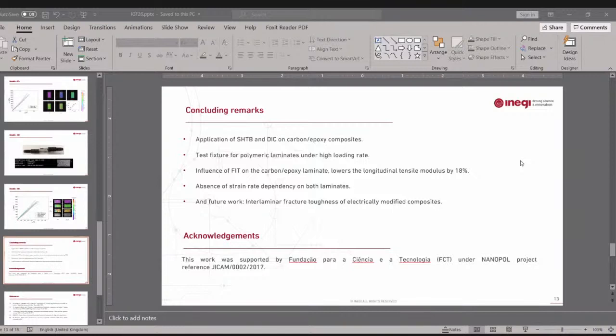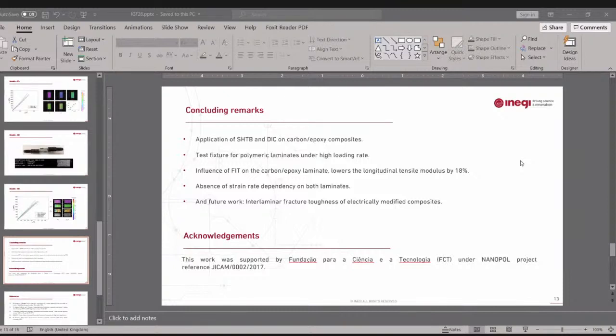Sure. Basically, the first goal is to develop the electrically conductive composite, and eventually, because the applications are in the aeronautic industry, they need to have certain standards, so they need to withstand impact damage. So any solution that should be incorporated into the primary structures of aircraft should have certain properties.